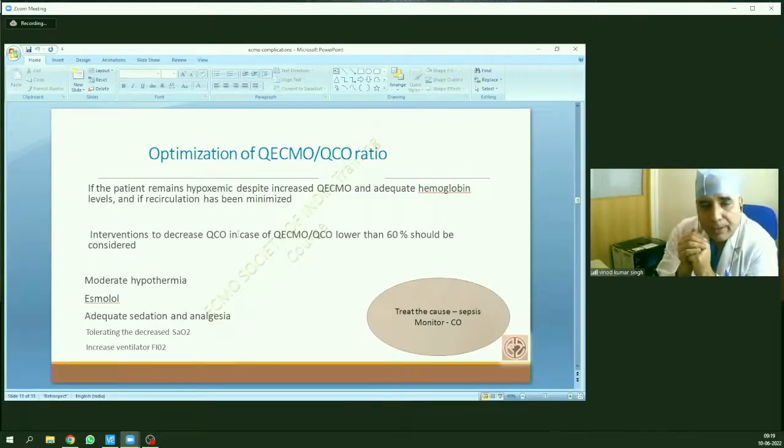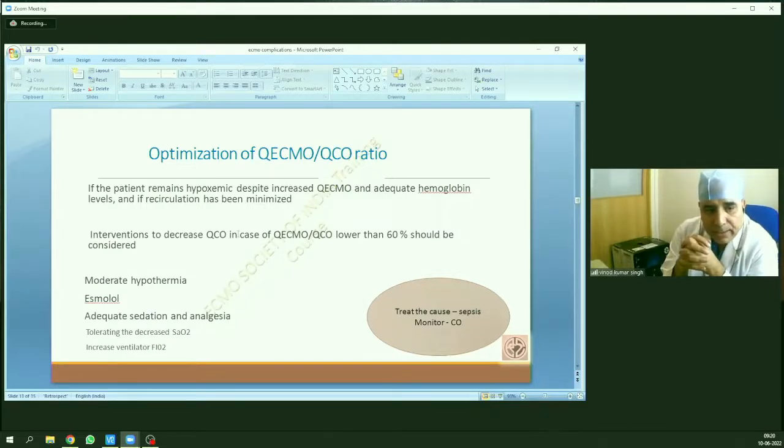Now, if you have excluded recirculation, the next possibility is that your patient might have a high cardiac output and overutilization of oxygen, and at this stage you have to decrease the cardiac output. Usually, in most practical aspects, at least 60% of the cardiac output should be provided by the ECMO circulation. If it is less and more of the output is patient-related, or de novo cardiac output, there is quite a high chance that the patient might have hypoxemia.